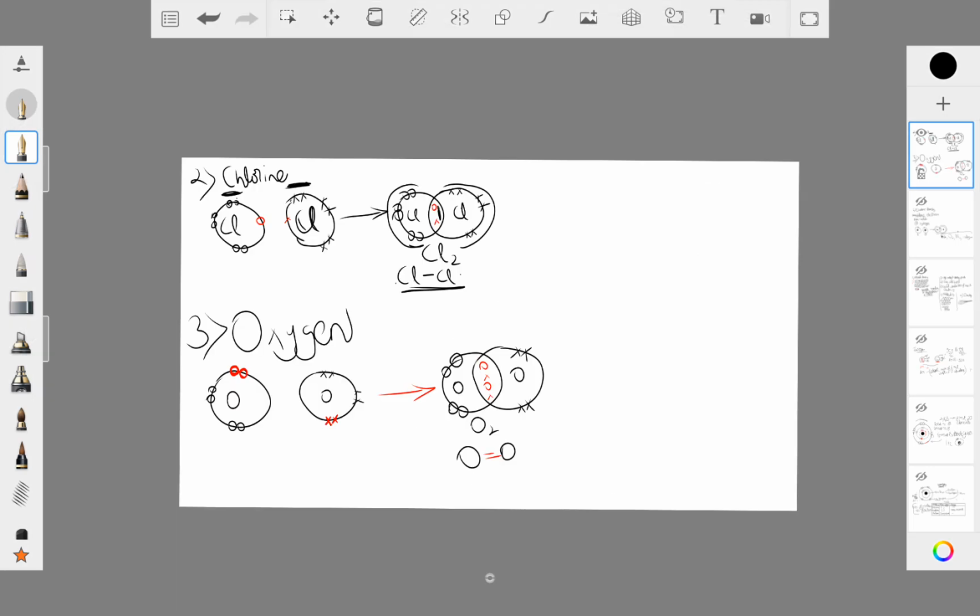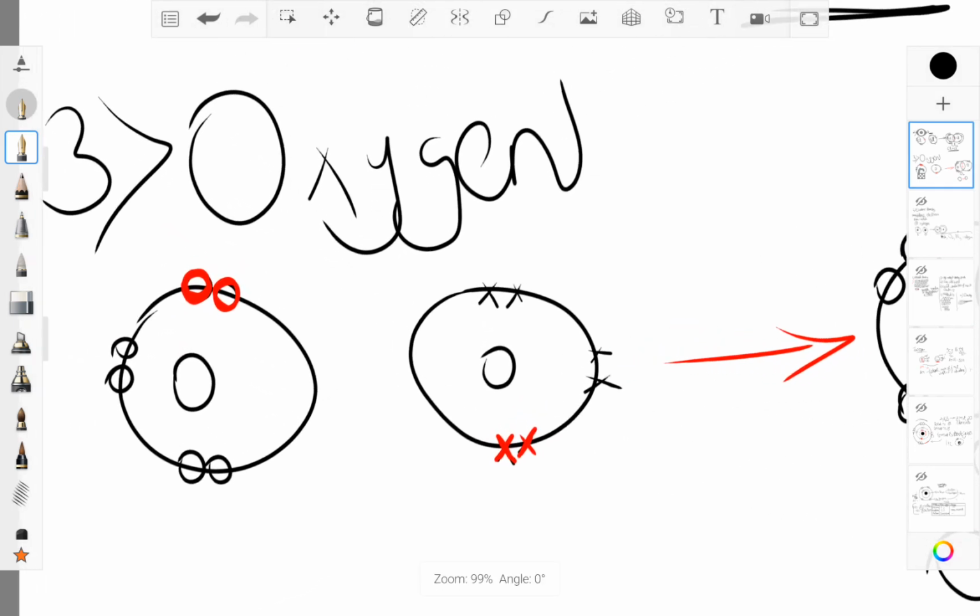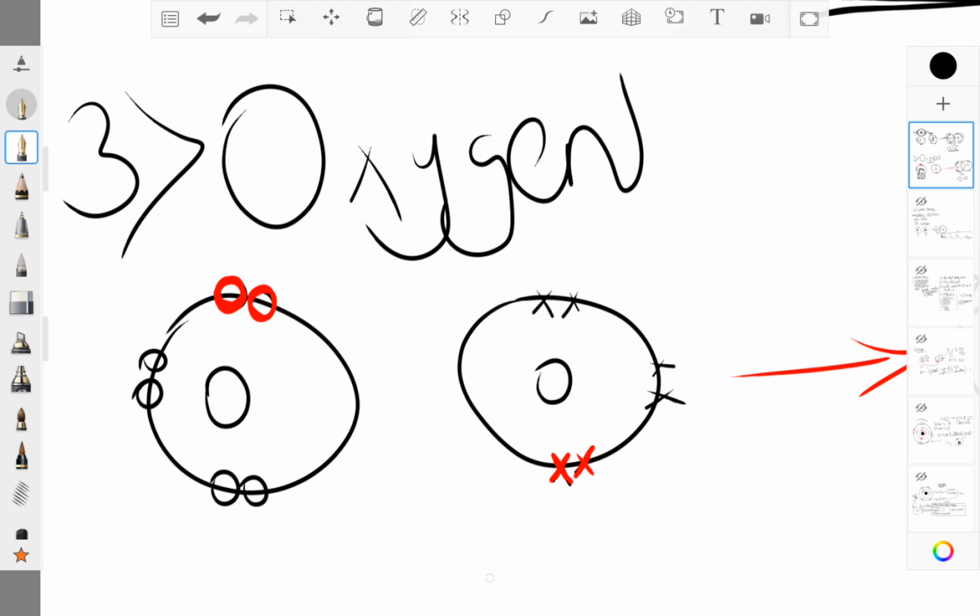Right. The second molecular element that we look at is oxygen, O2. It's kind of similar to chlorine, aside from the fact that because there are 6 valence electrons, an oxygen atom needs 2 extra electrons to be complete. Meaning, again, what you need is what you give.